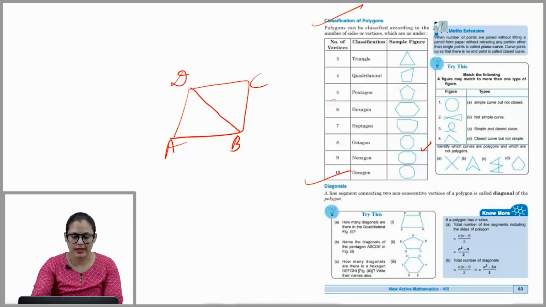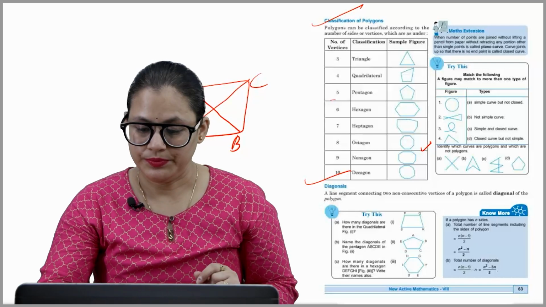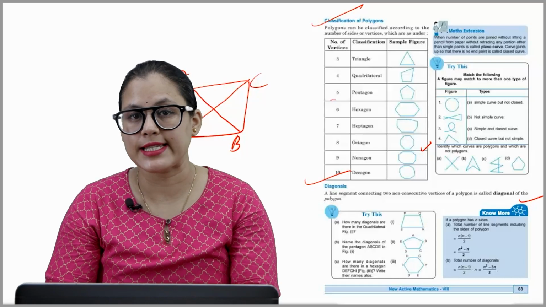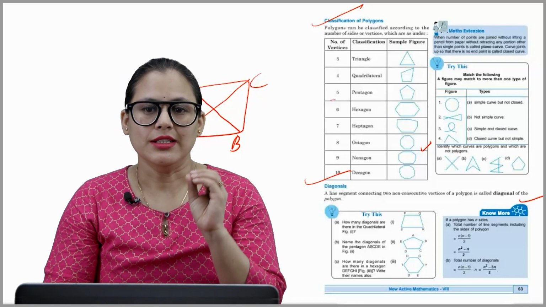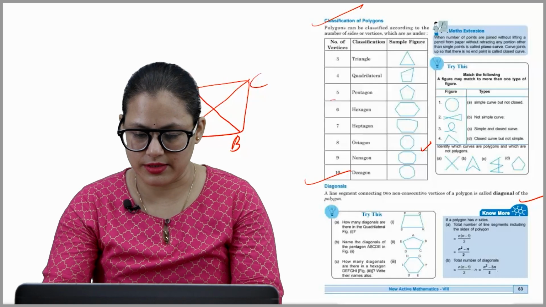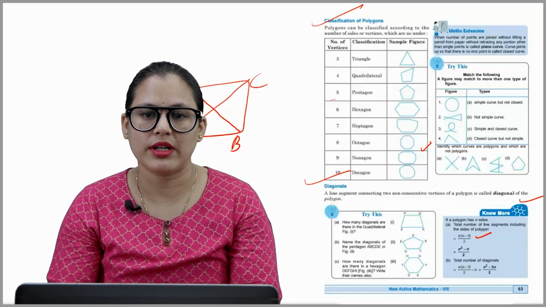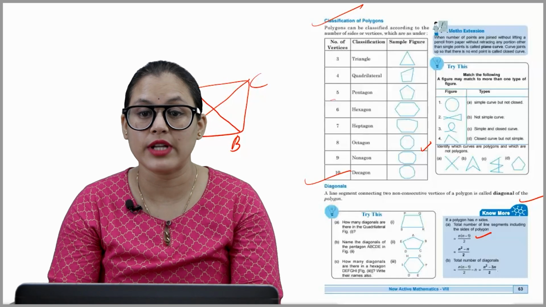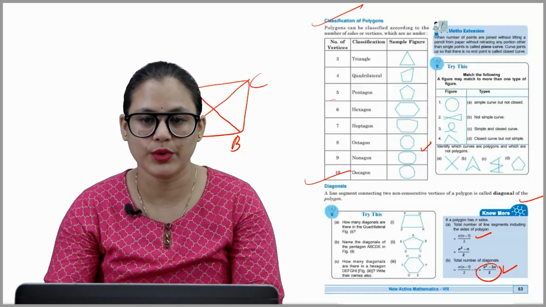This is a diagonal and this is also a diagonal, right? Now, if a polygon has n sides, then the total number of line segments including the sides of the polygon is n(n minus 1)/2, that is (n square minus n)/2. This is the formula if you have to find out the total number of diagonals.